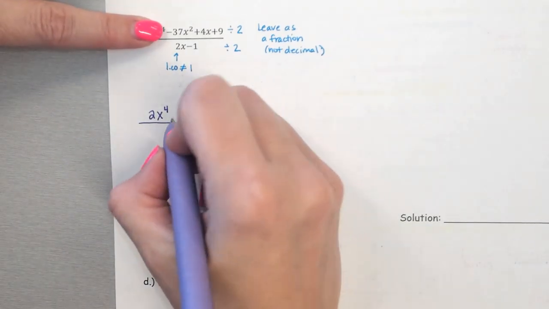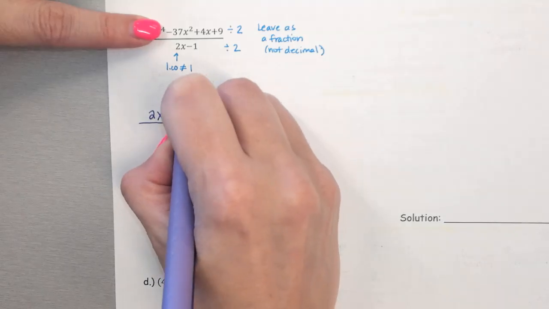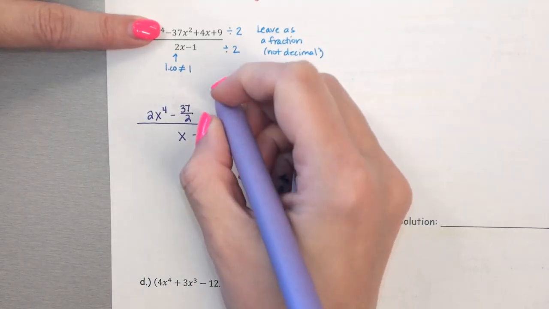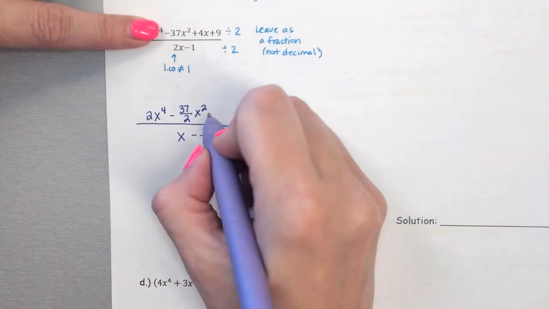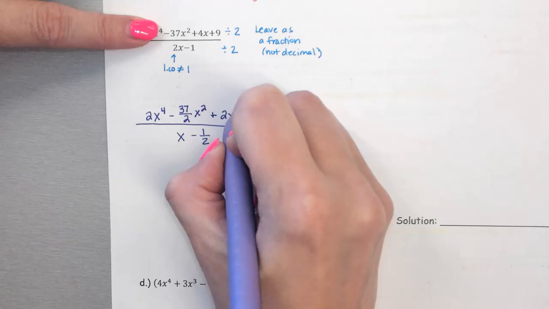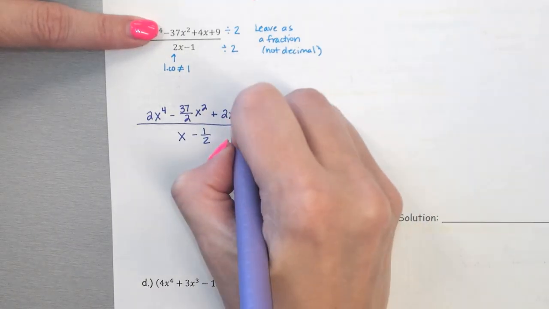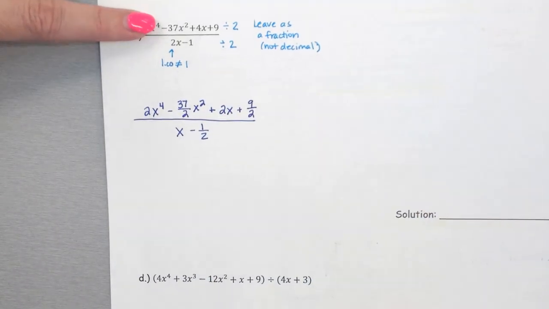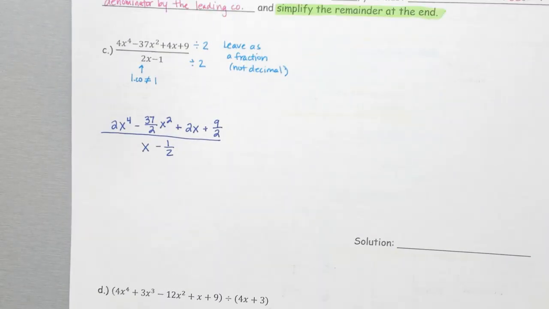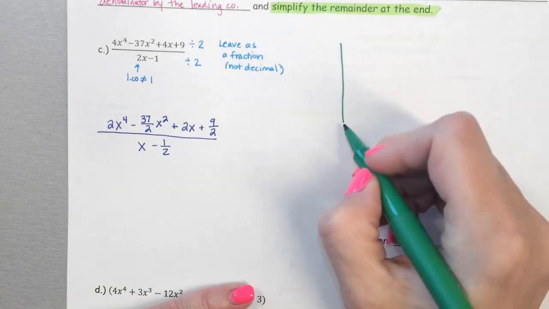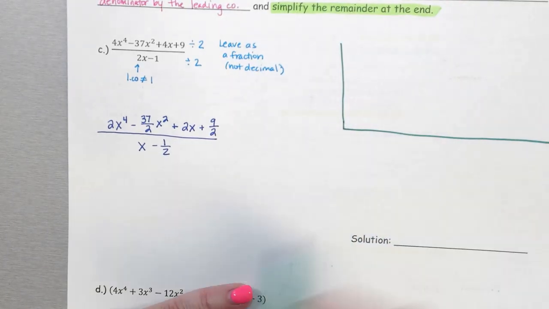If it doesn't go in evenly, we're going to keep it as a fraction, so negative 37 over 2, x squared. 4 divided by 2, 2x. 9 divided by 2, we're going to leave it as a fraction. Again, please give yourself some adequate space here because we are going to be working with fractions.